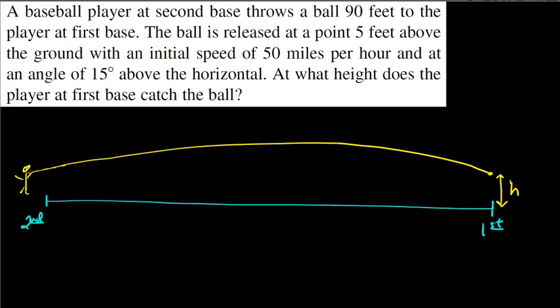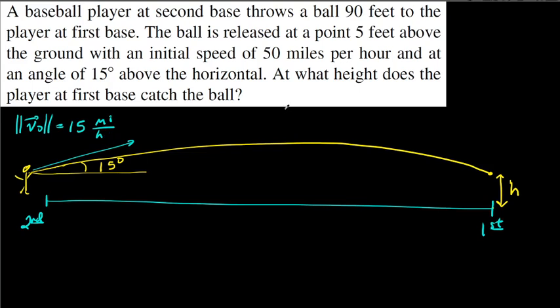Okay, so we know the initial angle is only 15 degrees. We know the initial speed, in other words, the magnitude of the initial velocity, is 50 miles per hour.